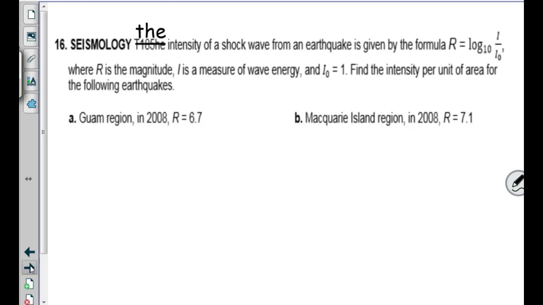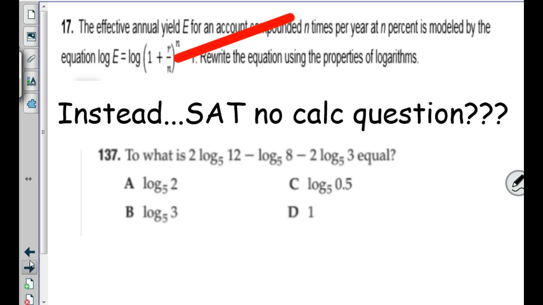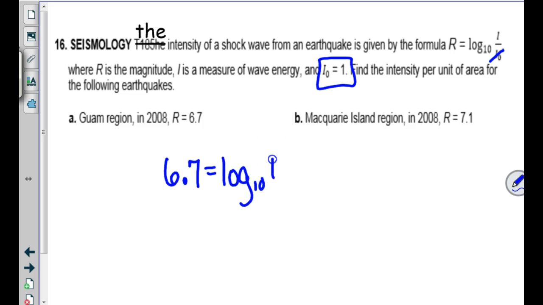All right, then what do we have? Quick. Intensity of a shock wave from an earthquake is given by this formula, where I sub 0 is 1. So this is just a 1 down here. So to find the magnitude, if R equals 6.7, we have log base 10 of I. How are we going to find I?